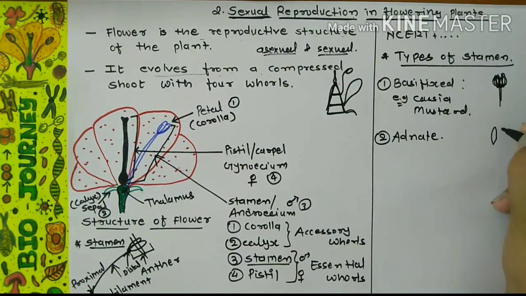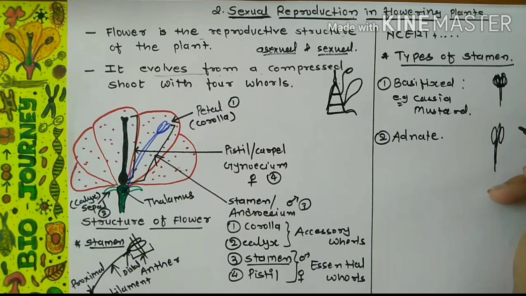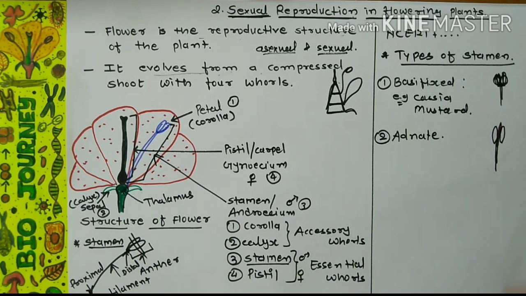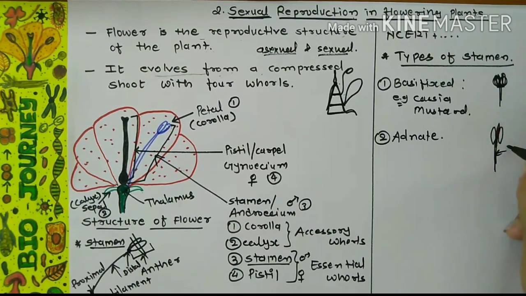The second type is known as adnate. Here you can see the anther and the middle portion, which is the connective. Let me highlight it. This is the connective. Here the filament runs through the connective.